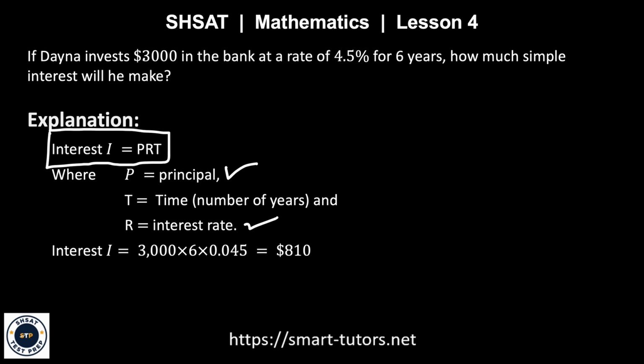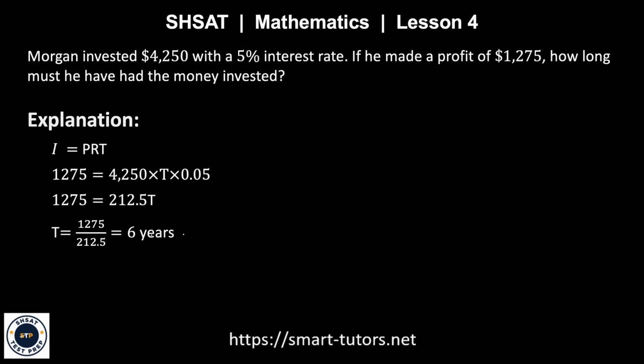This is P, this is the rate, and this is the time. And as I always said, if you want to multiply a percent, you need to make the percent into a decimal. So 3,000 times 6 times 0.045 gives you $810.